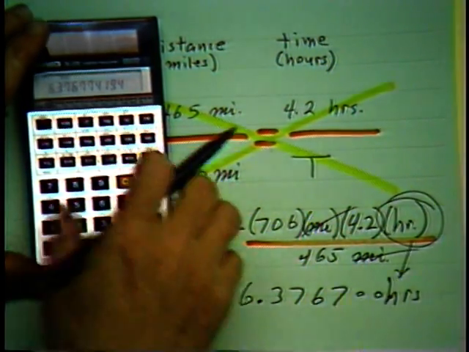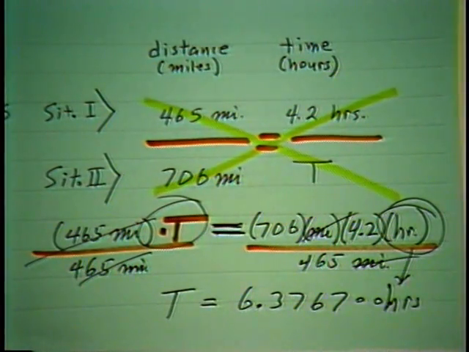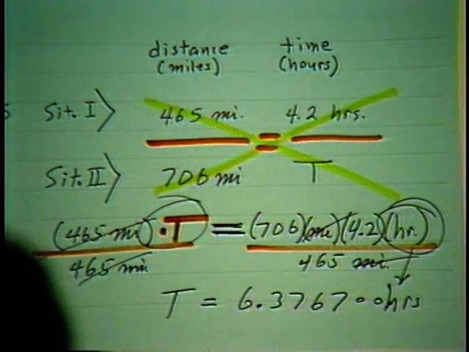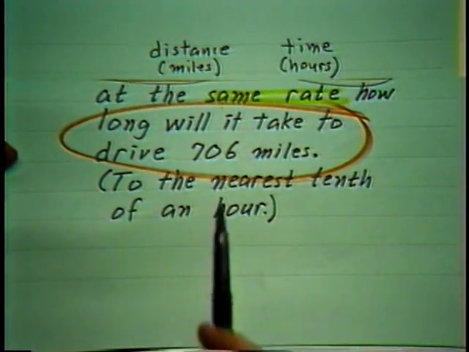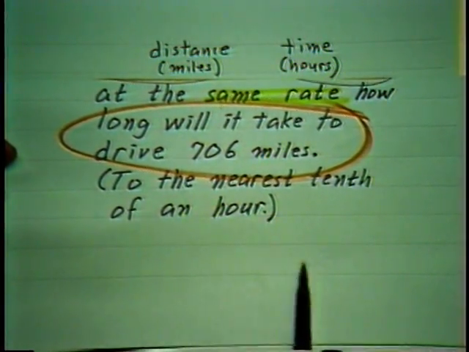Don't forget the hours. Now we look back to the problem and see if it specified how we wanted to round it. And it said to the nearest tenth of an hour.